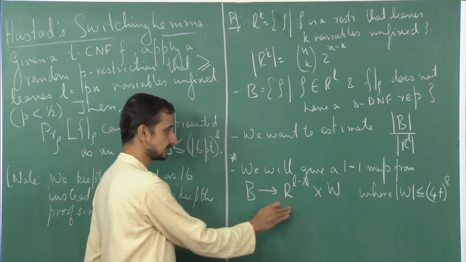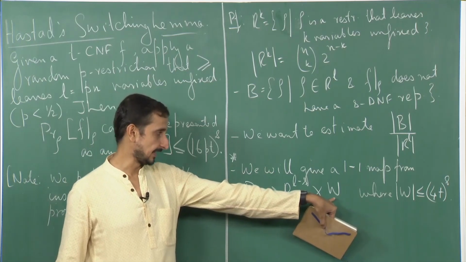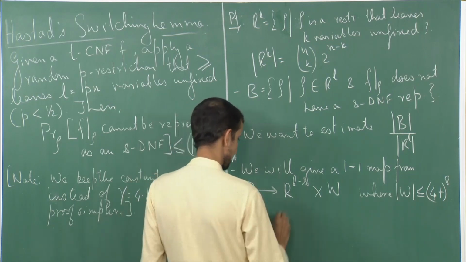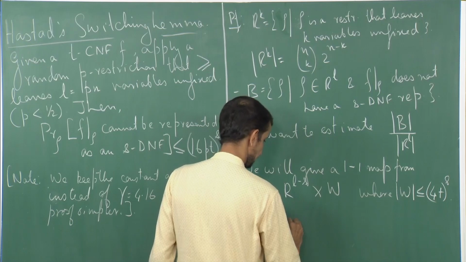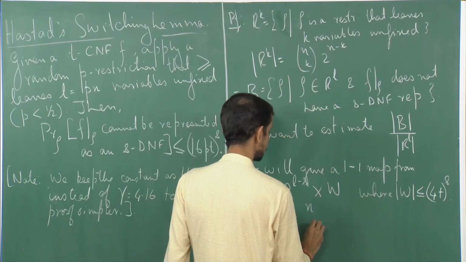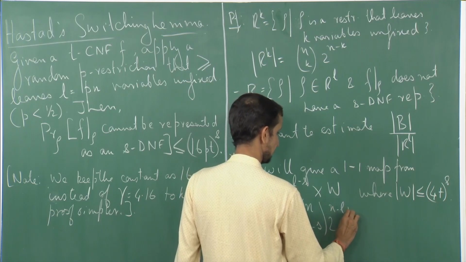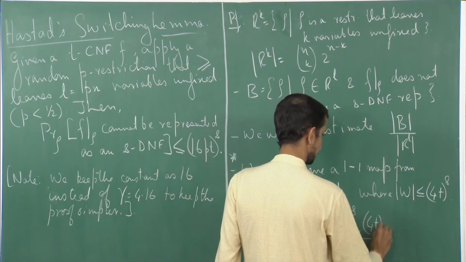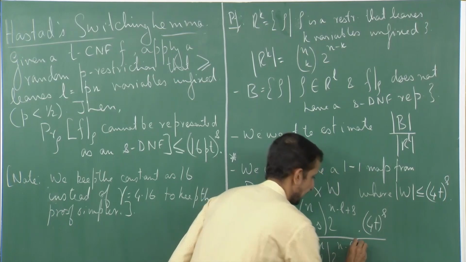And now once we have established this, the size of B is bounded by the size of R L minus S times the size of W. So once we have established this, the size of B by size of R L is at most, using this formula, N choose L minus S times 2 to the power N minus L plus S, times 4t to the power S, divided by N choose L times 2 to the power N minus L, right.